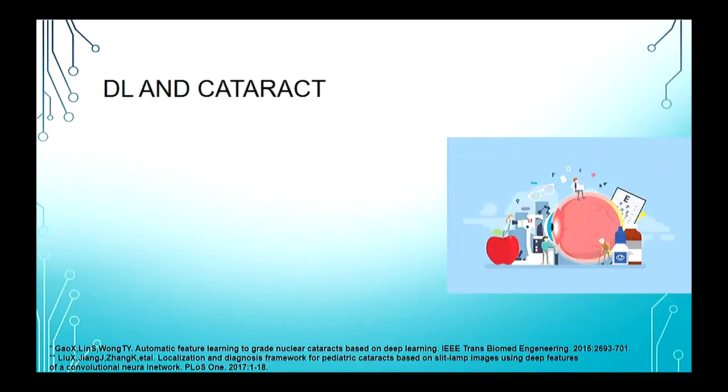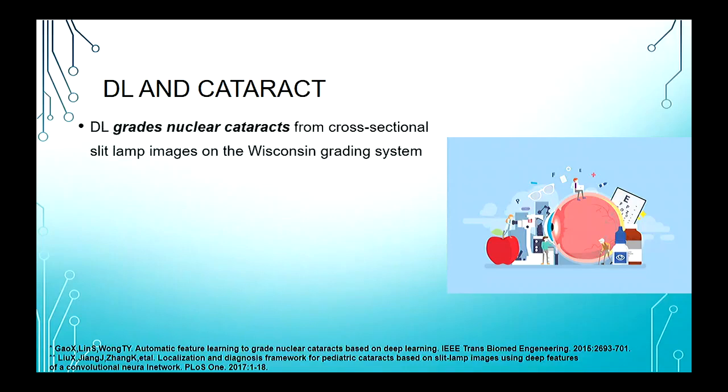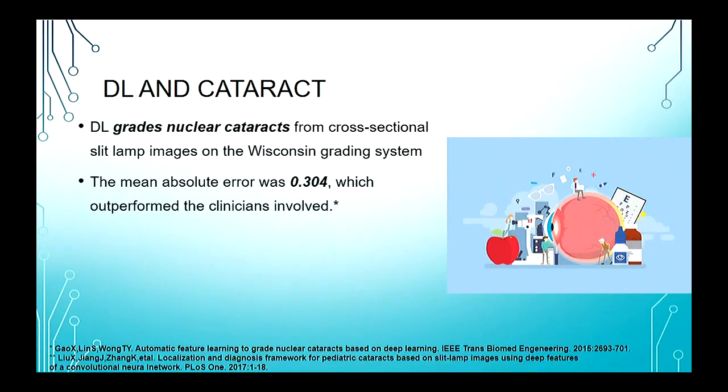So for example, in detecting cataracts, one study showed that it can grade nuclear cataract based on slit lamp images. The absolute error was about 0.3, which means it was correct 70% of the time.